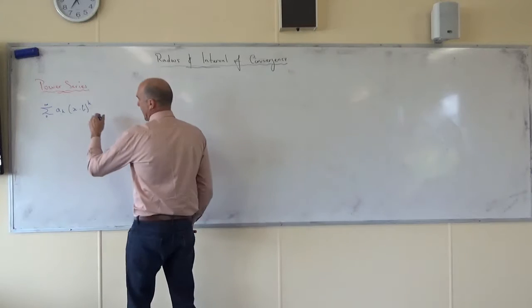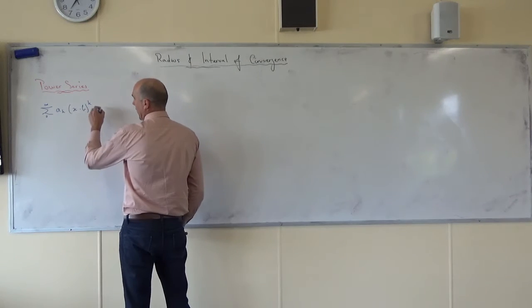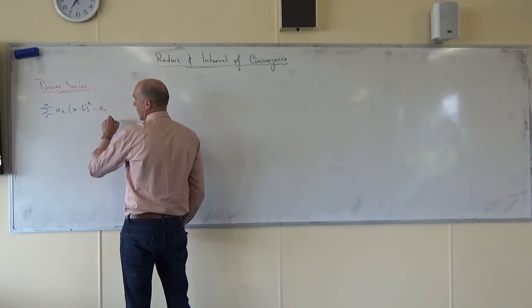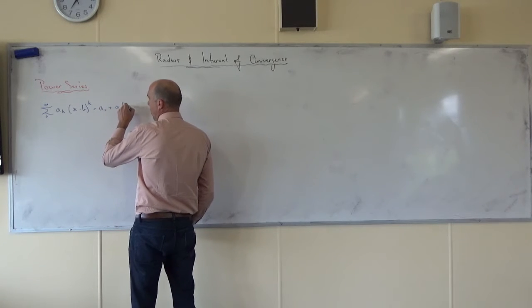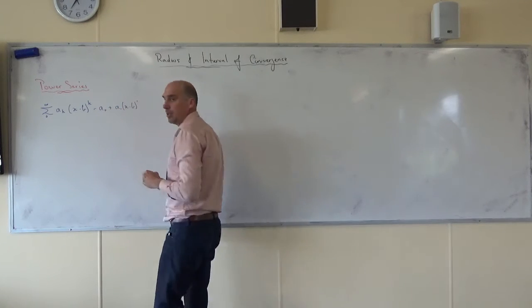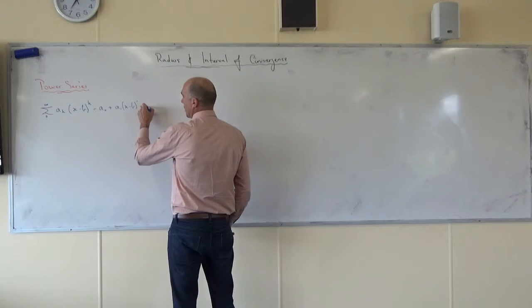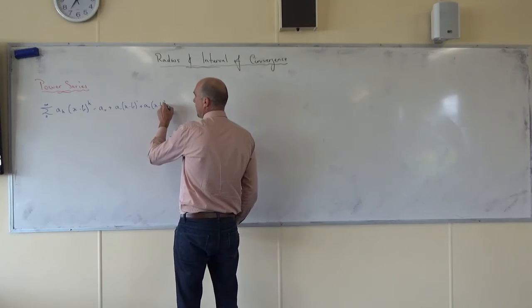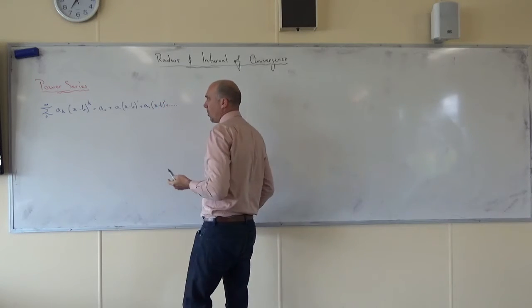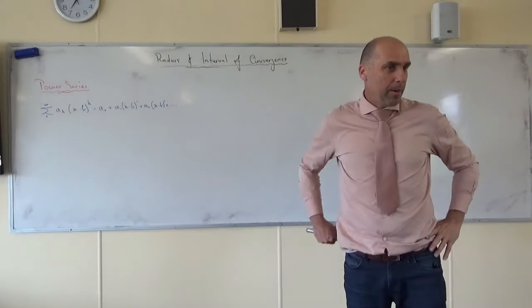Well, let's just extend the first couple of terms. The first term will be A0. The second term will be A1, x minus b to the power of 1, plus A2, x minus b squared, plus dot dot dot, so on and so on. So that's basically the general form of a power series.